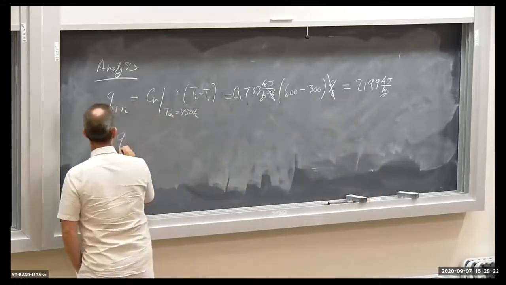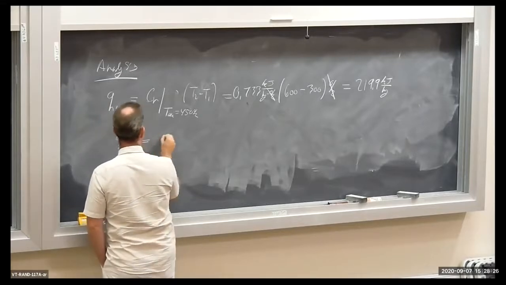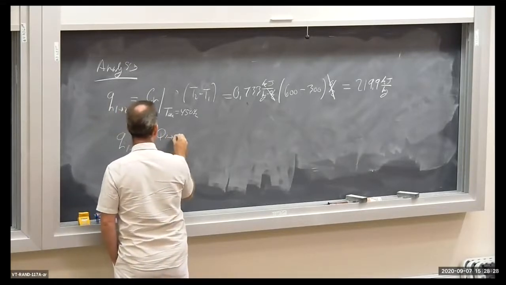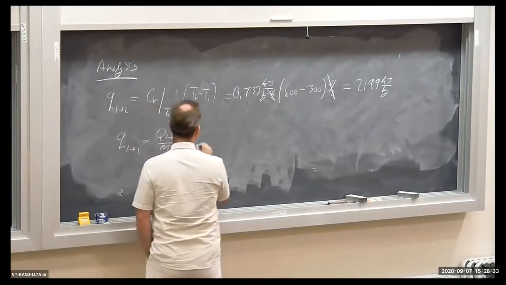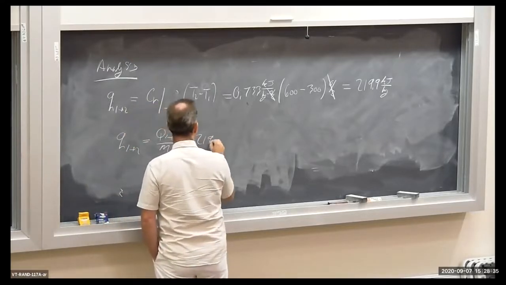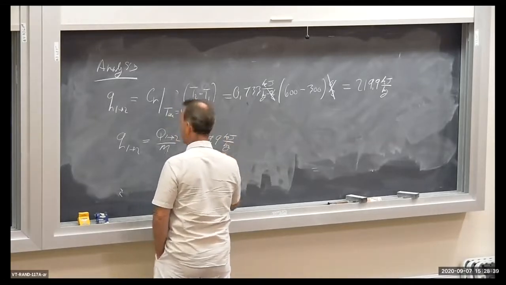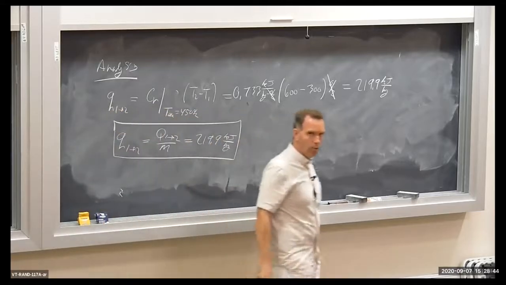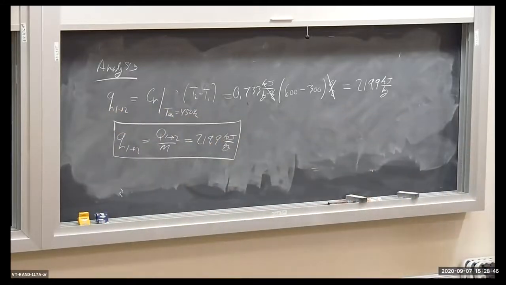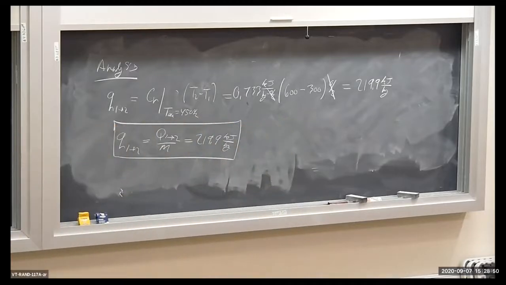So q, Q1 to 2, the heat transfer from state 1 to state 2 per unit mass, is equal to 219.9 kilojoules per kilogram. Box it up. Done. That's the first use of specific heats in a problem: how to calculate the heat transfer to heat up air over an isochoric process.